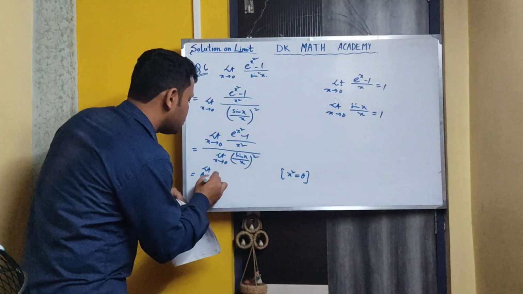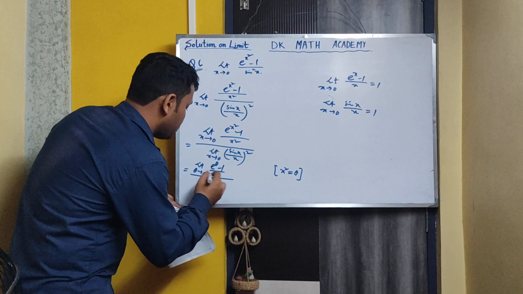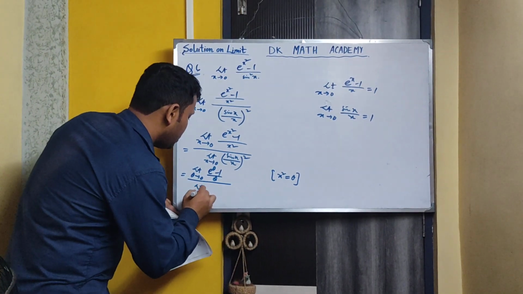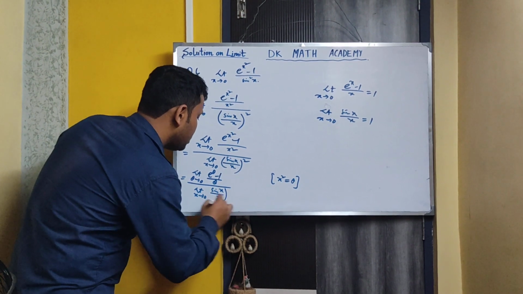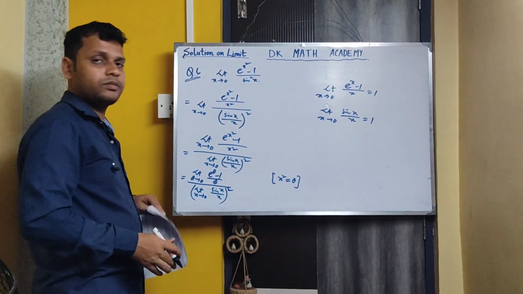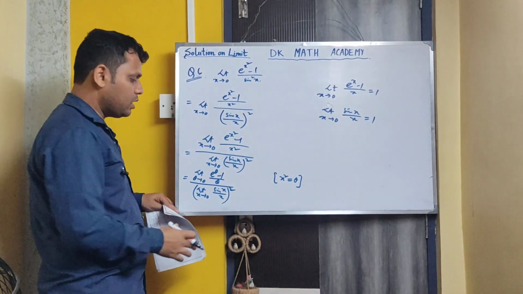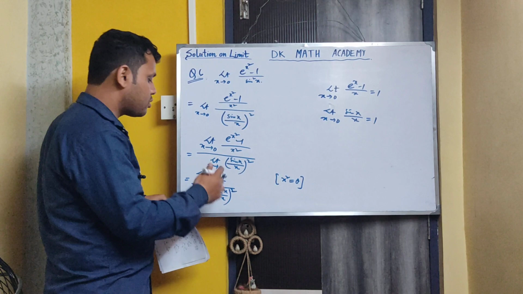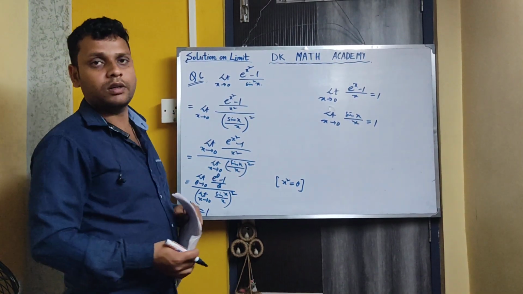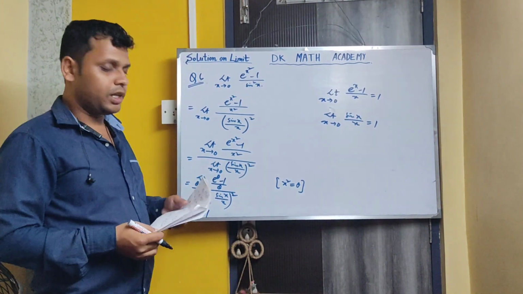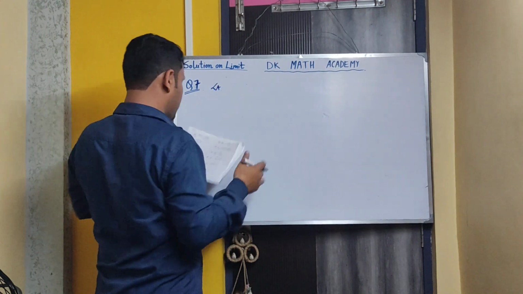Then this is theta tends to 0, e to the power theta minus 1 by theta, and the denominator will be limit x tends to 0, sin x by x, limit will enter in this square. Okay, so the upper limiting value is 1, and this limiting value is 1 square. That means 1 by 1 square, that means its value becomes 1. So we go to the next problem.